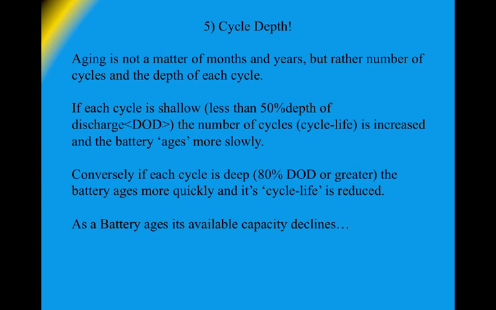As the battery ages, its available capacity declines. This is why in my photovoltaic system battery bank design, I am looking at the client's load profiles on a daily average basis, and then I'm designing the battery to not go below that 50% depth of discharge.